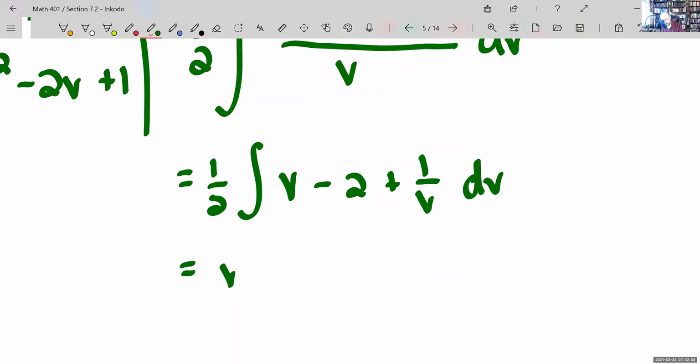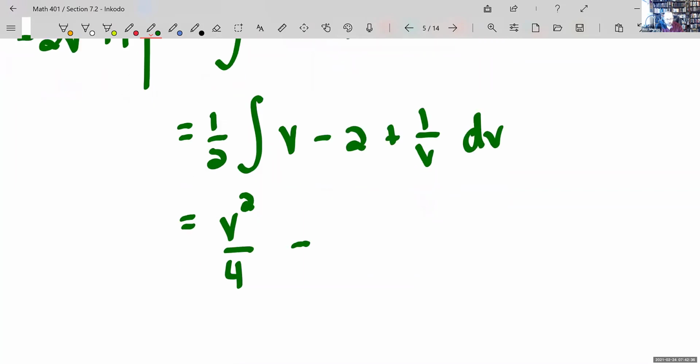Minus, well, sorry, 1/2 times a negative 2 is a negative 1. Antiderivative would be a negative v. And 1/2 times 1 over v, the integral of that is 1/2 natural log absolute value of v.